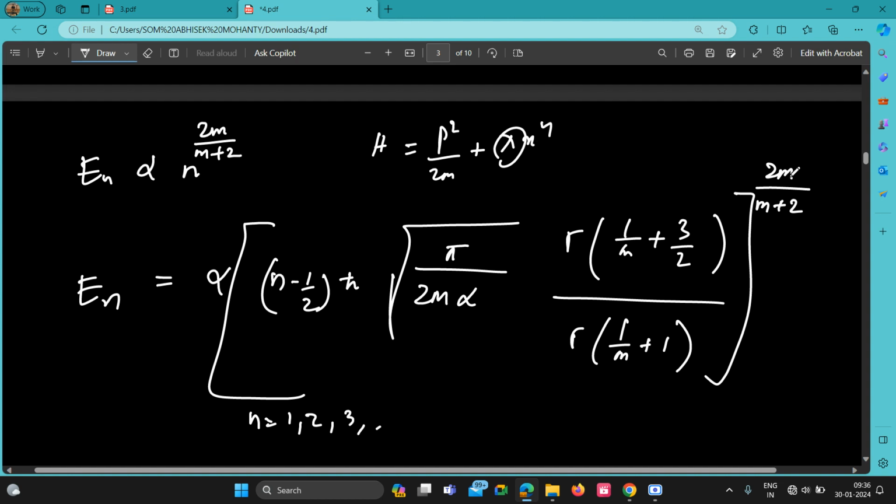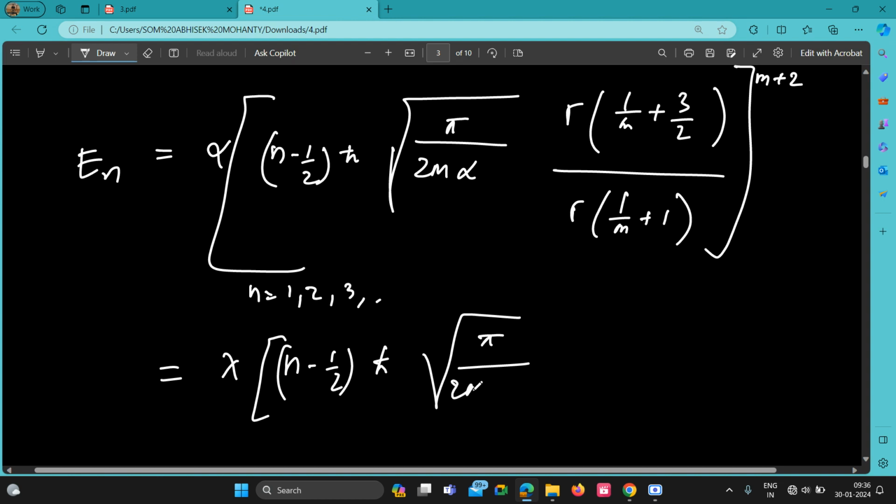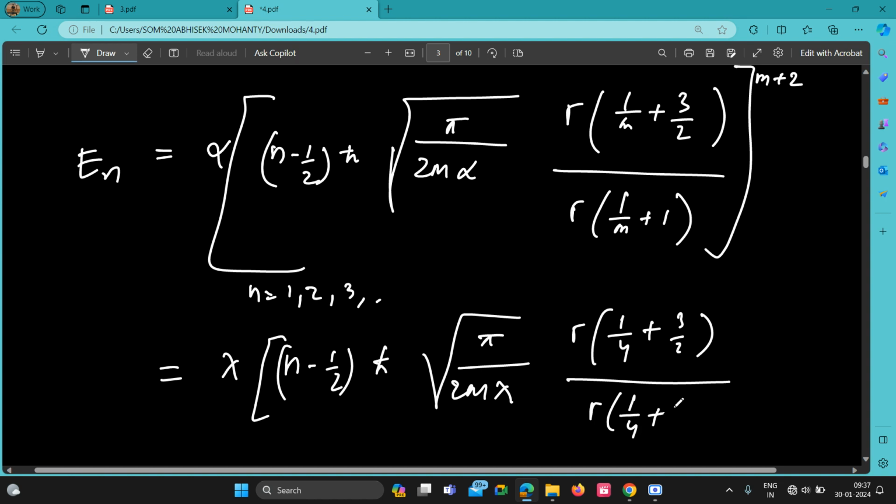This x4, the 4 is your small m, the power. This is mass, this is 1. So let's put it: lambda, n minus half h cut root of pi by 2m lambda. The gamma of 1 by m is how much? 1 by 4 plus 3 by 2, gamma of 1 by 4 plus 1. We don't need these values, we just need the dependence, right? 2 into 4 by 4 plus 2.